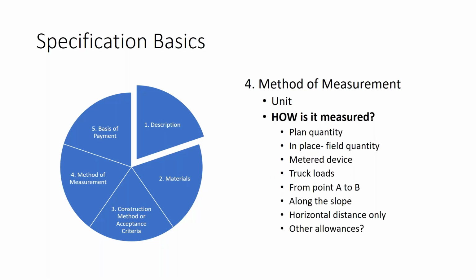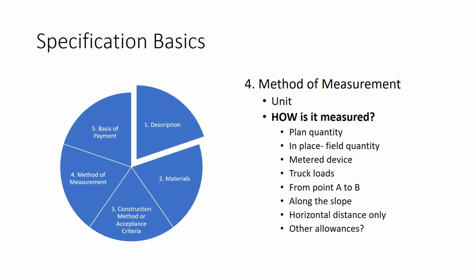The method of measurement. Here we're talking about not just the unit of measure, the linear feet or the cubic yards of an item, but how is it measured? Are we going to use a planned quantity measurement? Are we going to measure it in place, such as a field quantity?